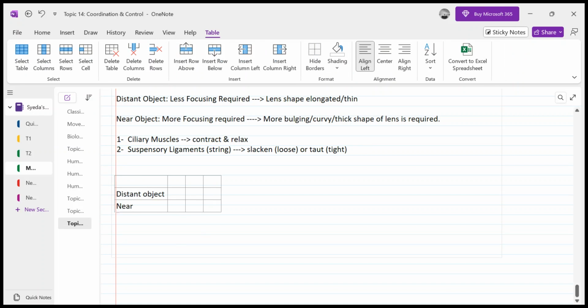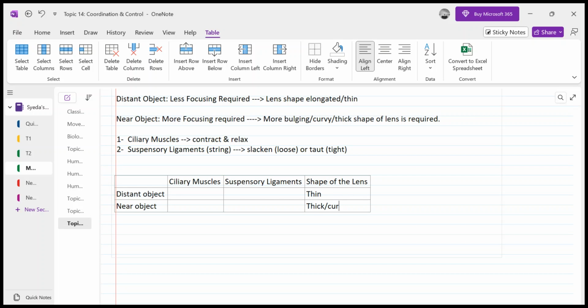If there is any object which is distant or nearby, there are two structures involved: ciliary muscles and suspensory ligaments, and the shape of the lens. Whenever there is a distant object, the shape of the lens required is thin, and for the near object we require a thick or more curvy lens.